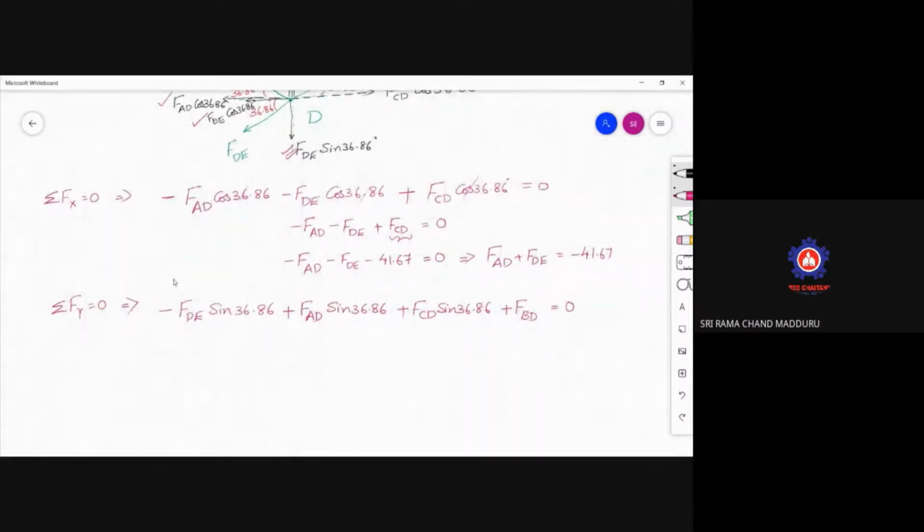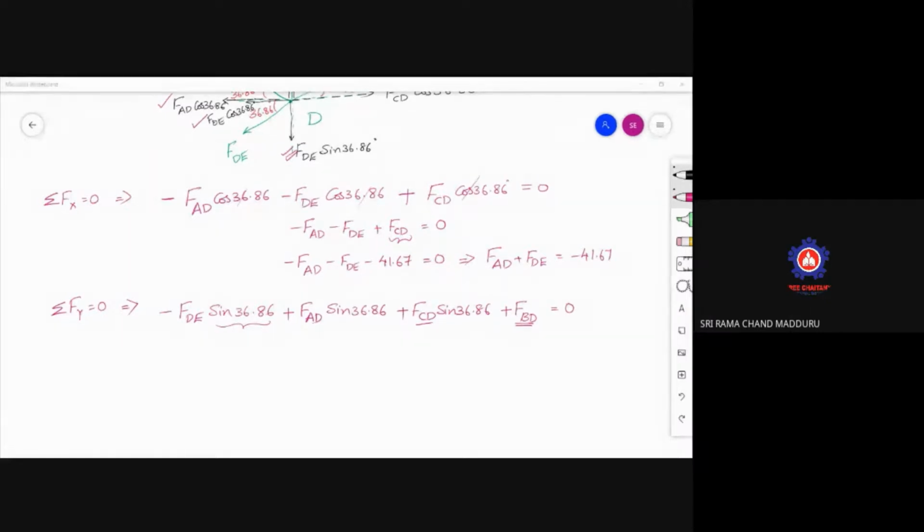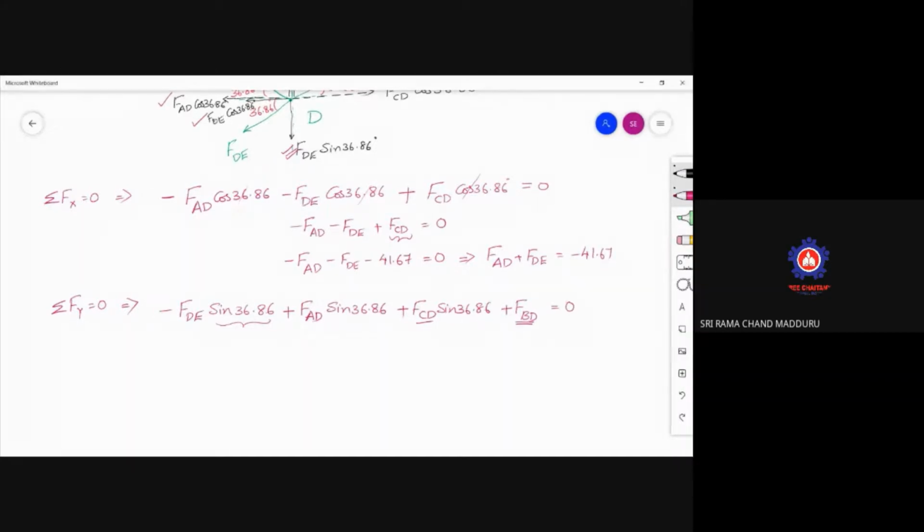So substitute the values which are known to us. FCD is known, FBD is known. What is the value of sine 36.86? 0.599, sir. 0.6 I can write down.